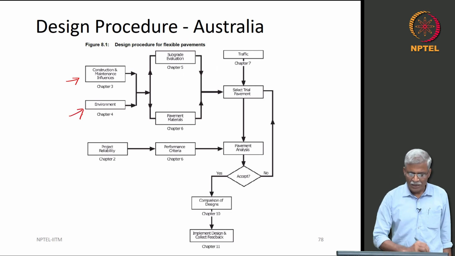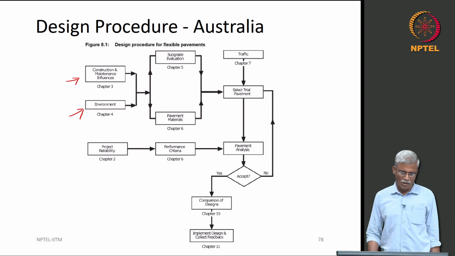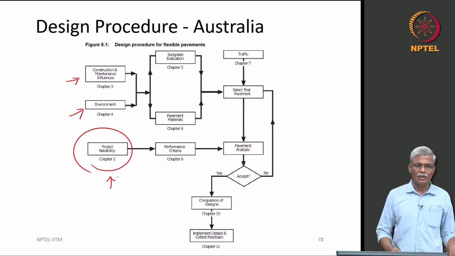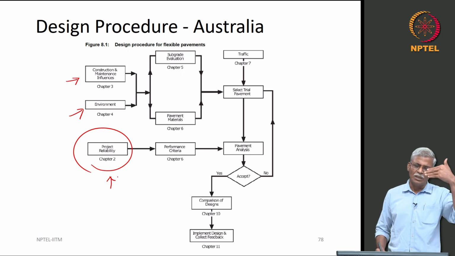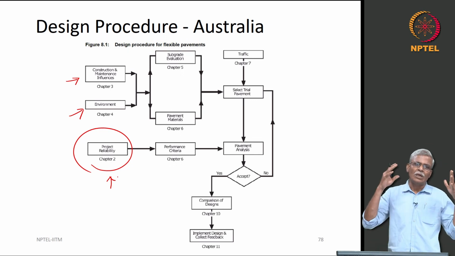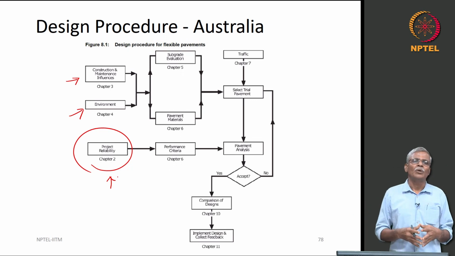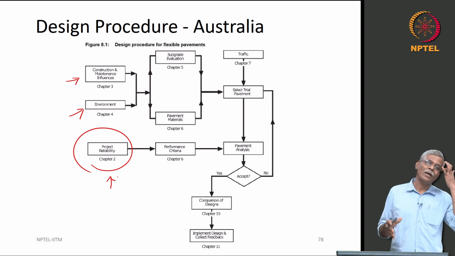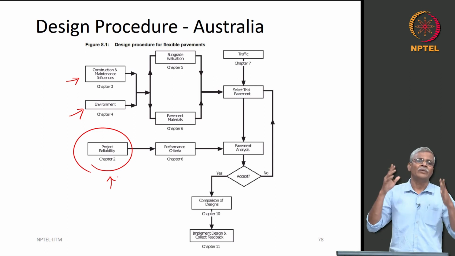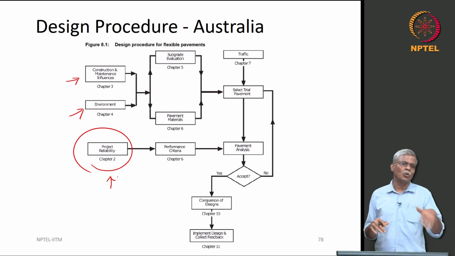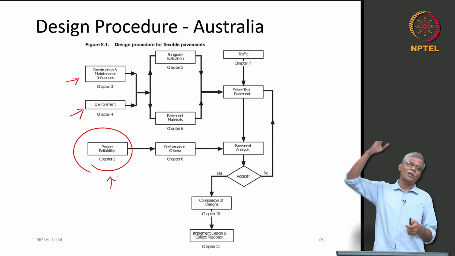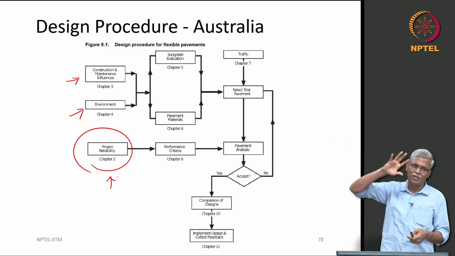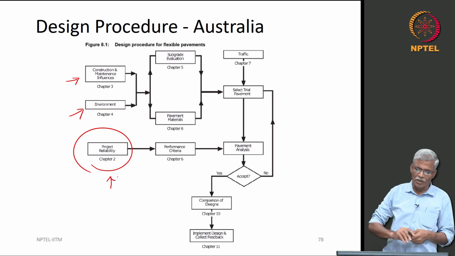The next comes the environment, and see this, the reliability is something that comes in chapter 2, and this is where you basically start talking about what is the expected reliability for any pavement construction. Now, if you go back and look at IRC 37 or in the Huang textbook that we more or less followed, reliability comes a lot more later. It first starts with the stress analysis. So, the different countries have a different approach.